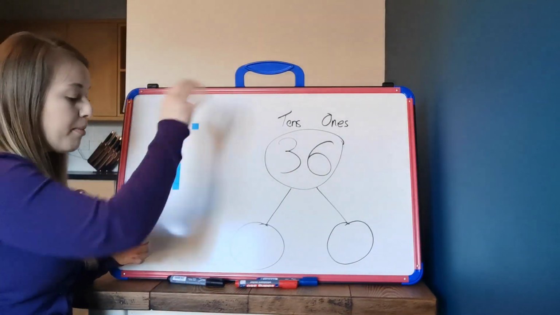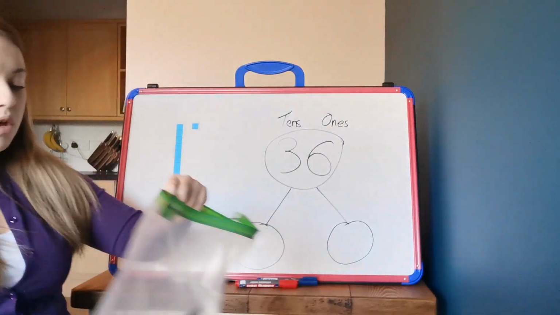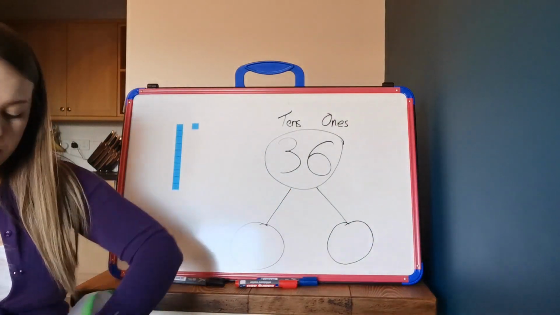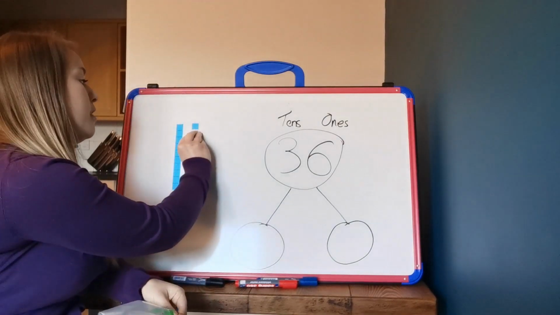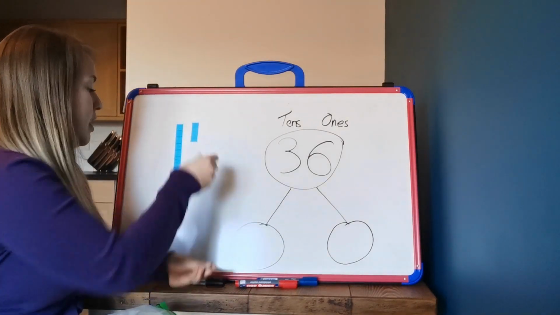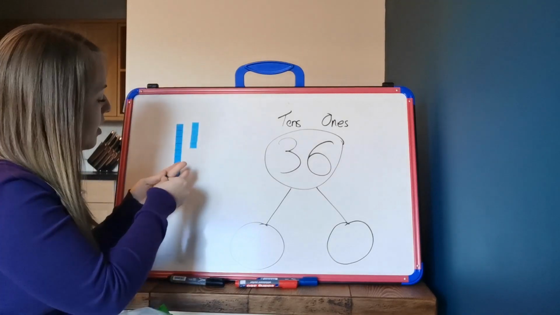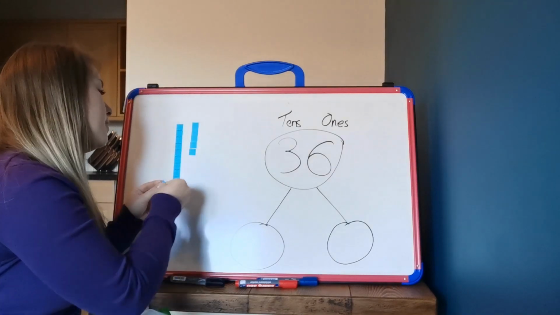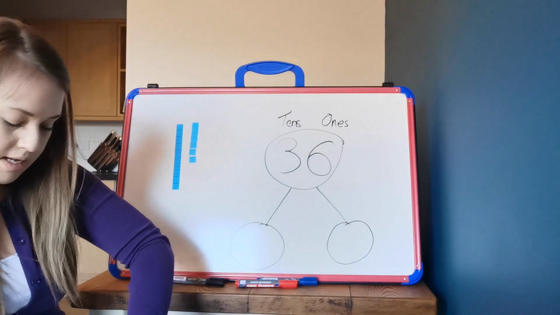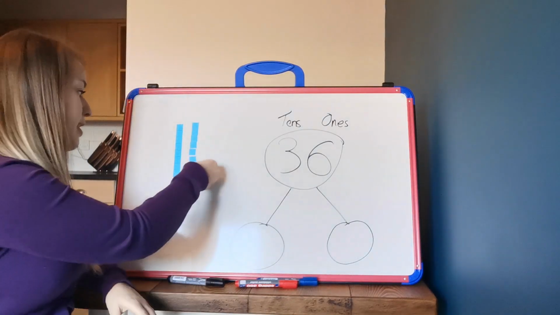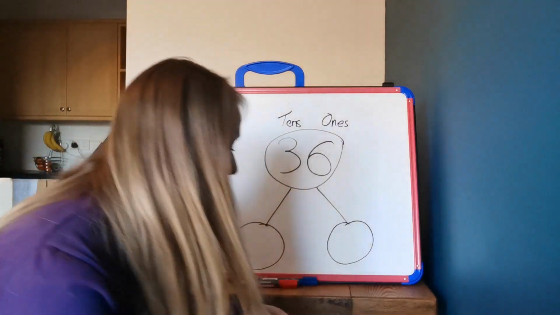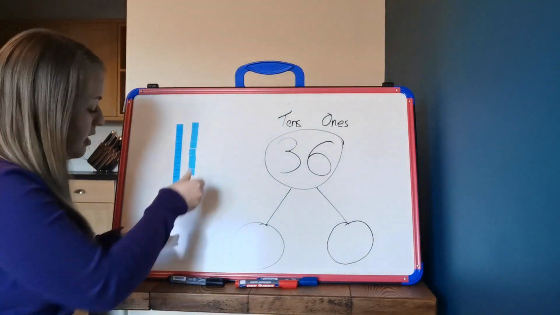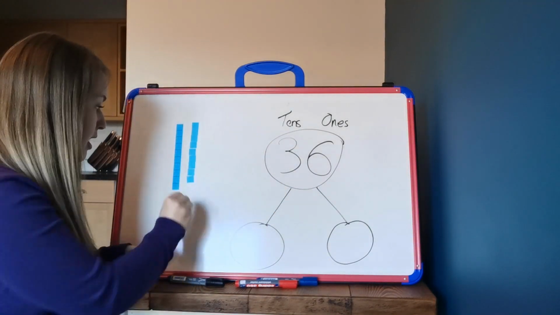So if their number understanding is still quite low, what you can get them to do is get 10 of the ones. So 1, 2, 3, 4, 5, 6, 7, 8, 9, 10.